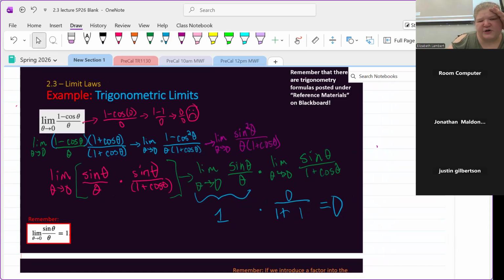So seeing that first step, that you're supposed to multiply by the conjugate, is a little bit weird, but all of the steps after that should feel comfortable, especially after you get some practice on these in the web work. Or at least familiar.